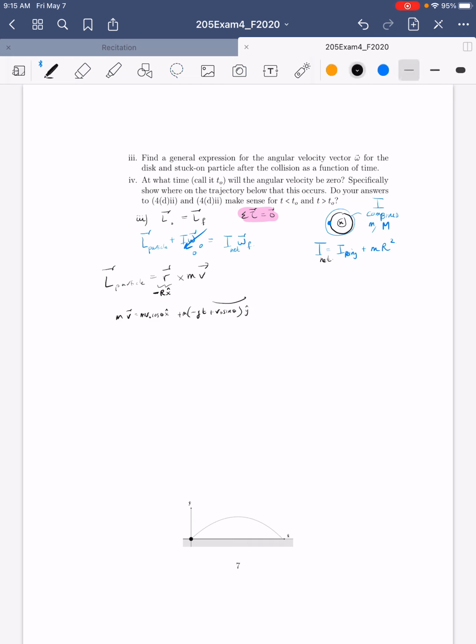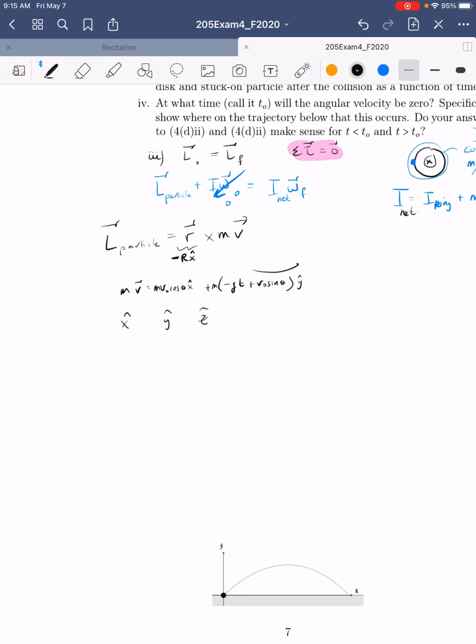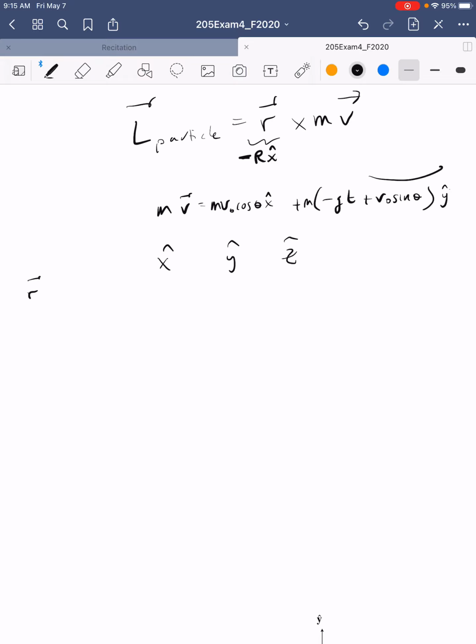And so I'm going to find the initial angular momentum of the particle now with respect to a new origin. x hat, y hat, z hat, r cross mv: minus r x hat, 0, 0. And mv was m v naught cos theta, plus m times minus gt plus v naught sine theta, 0 for the z component.